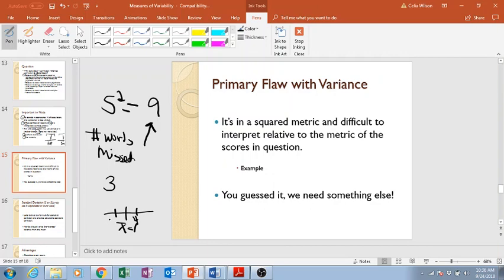Okay, so see, that's not going to work because that's going to be -2. Maybe they get some bonus words. But anyway, you can kind of see that unsquaring this variance is not very friendly, not very user-friendly. So to combat that problem, we're going to use something else. And that's something else I'm going to talk about in the next video.